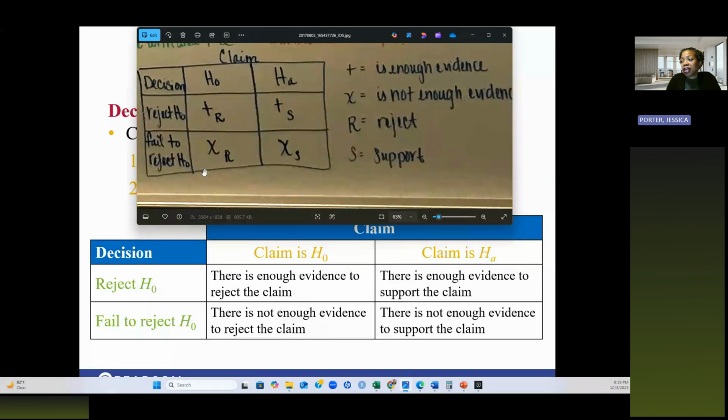X is not enough evidence to reject the claim, and X is not enough evidence to support the claim. Have this written down somewhere or take a screenshot with your phone so you can refer back to it later today, because we're going to need this decision rule, and everything builds on the other. I'm giving you a few minutes to get this little graphic. It's something good to have around.